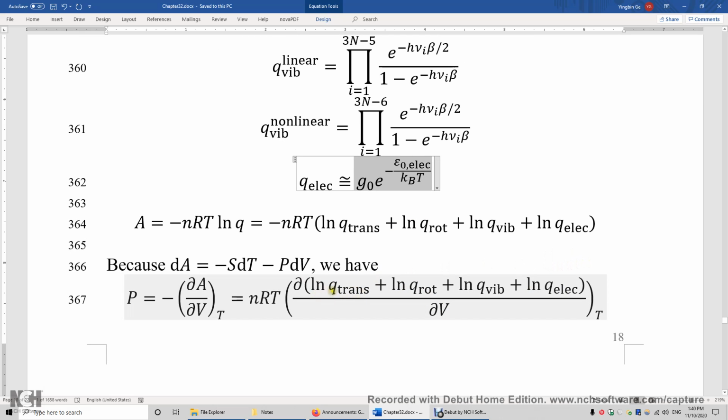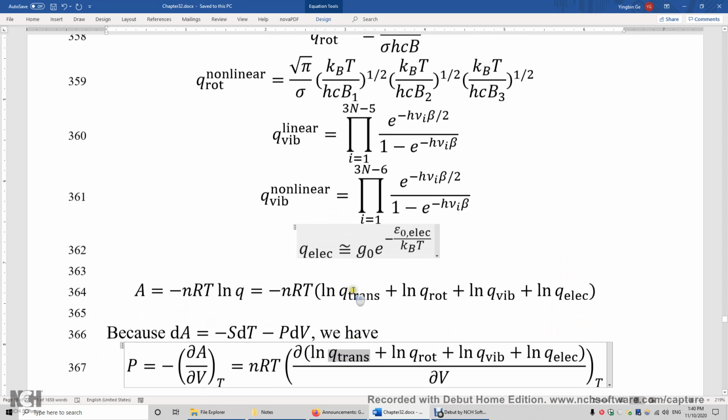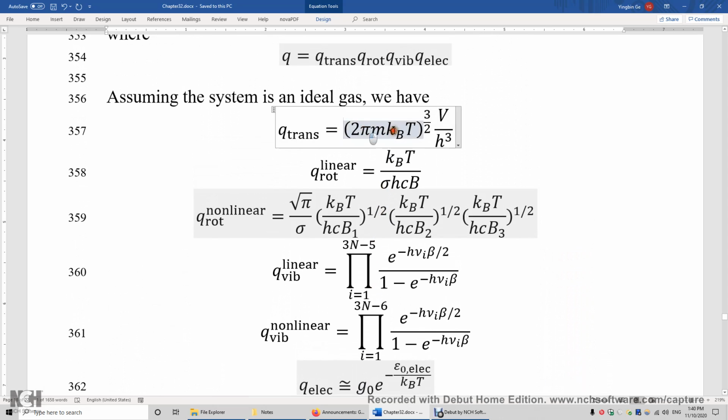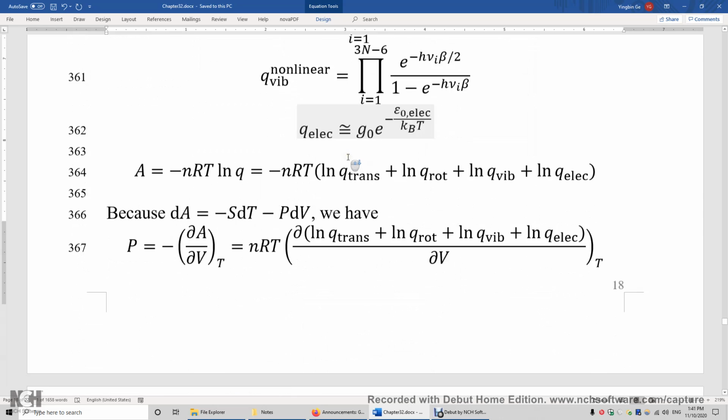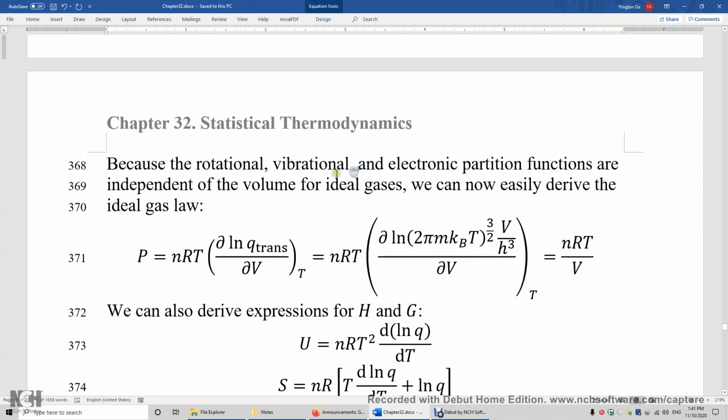You just need to plug in the expression of the translational partition function. It's right here. And also, you just need to look at how this depends on volume. Therefore, pressure is nRT times the first derivative of the logarithm of the translational partition function with respect to volume when temperature is constant.